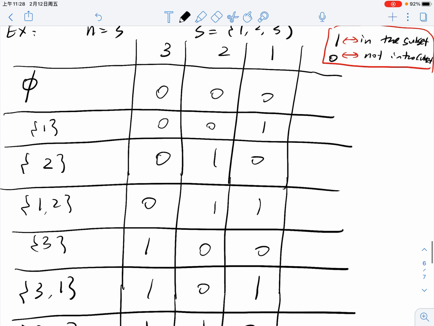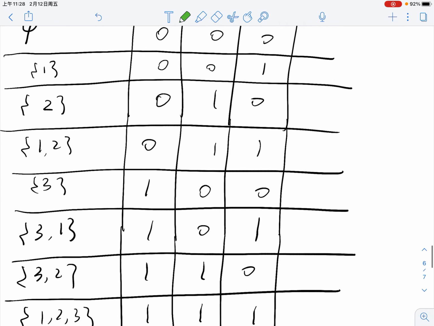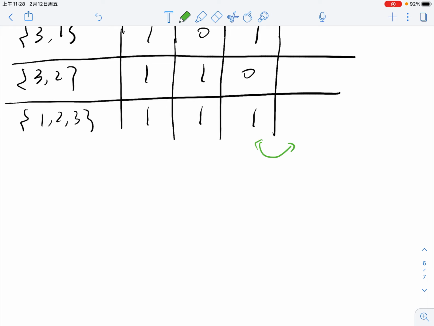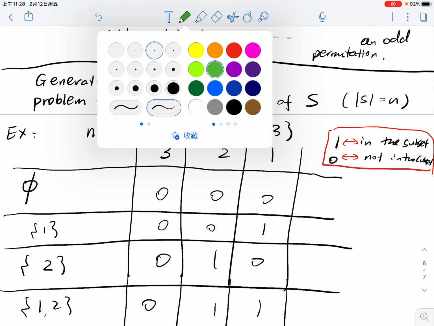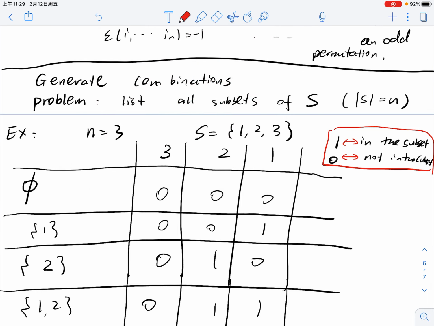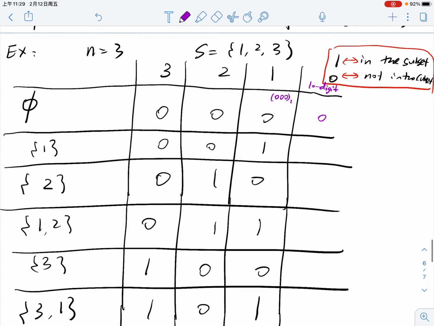If you look at the right side more carefully, you will see that's just base 2 numerals, or binary digits. So if you view this as a binary number, 0, 0, 0 turned into a 10-base number will be 0. And this is 0, 0, 1 in binary, which is 1.